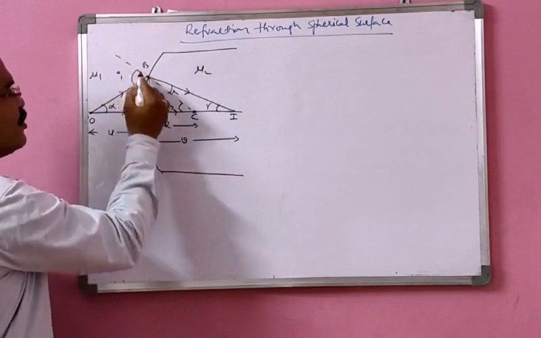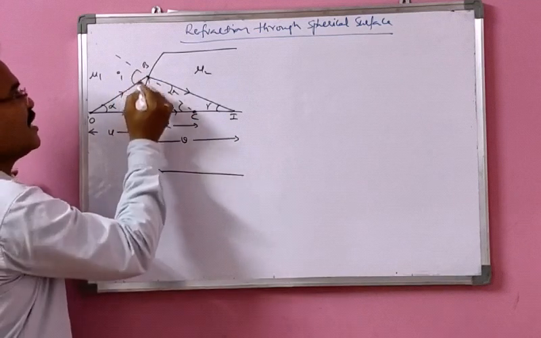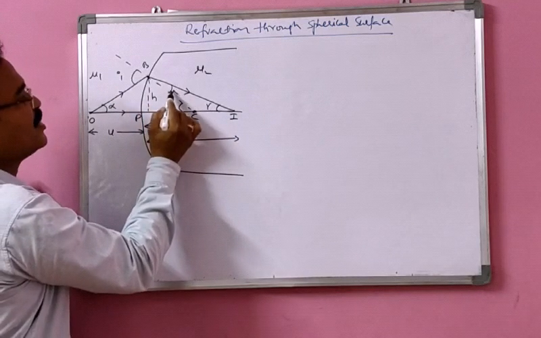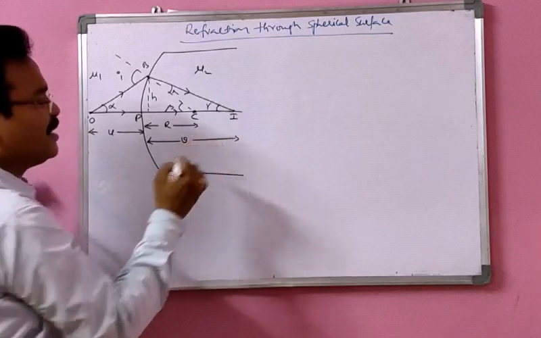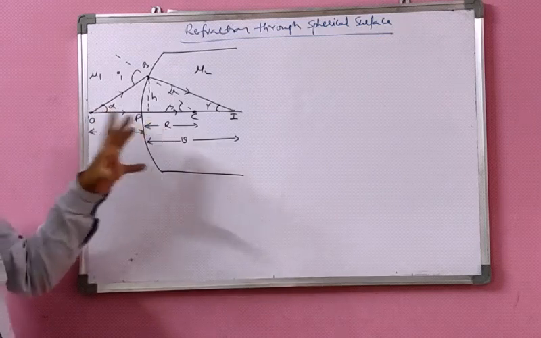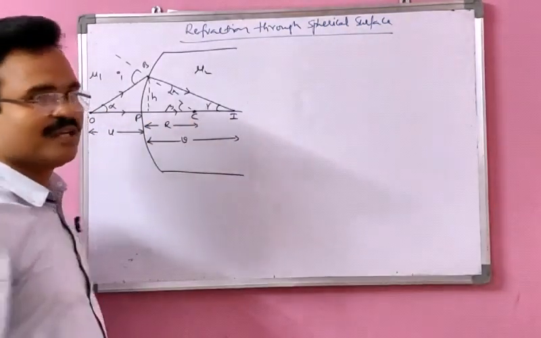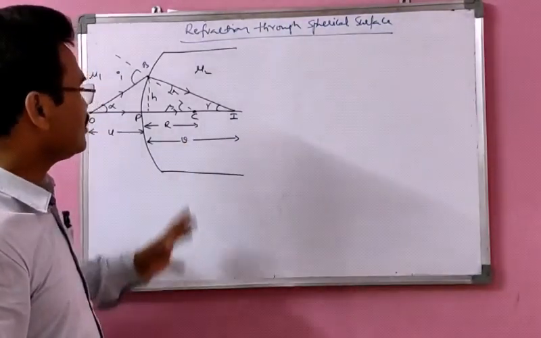If you draw a normal through the center of curvature, it makes an angle of incidence i, undergoes refraction, making an angle of refraction r, and these two rays will meet here. Wherever the rays meet, you are going to get the real image. I is the position of the real image.